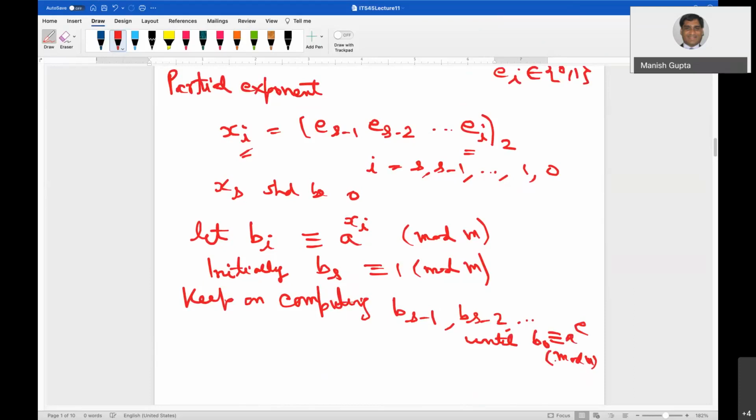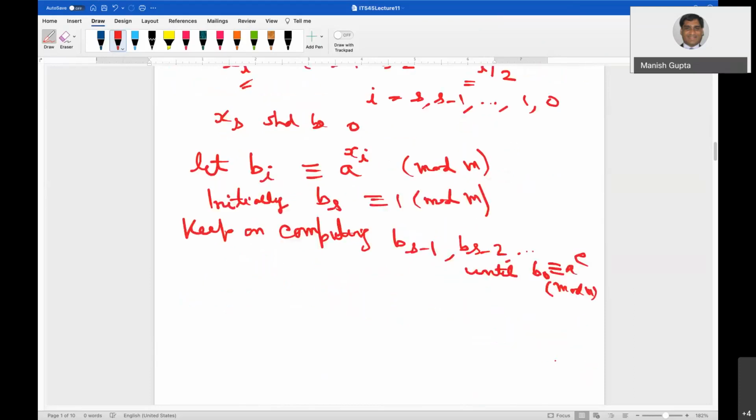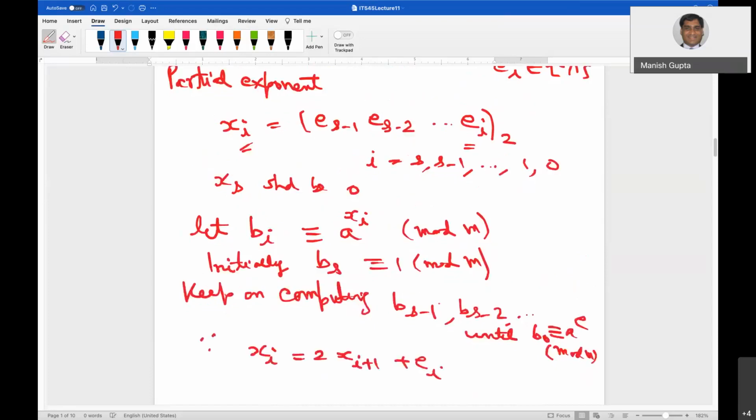Now again an interesting observation: xi is nothing but 2 times xi plus 1 plus ei. See, if you look at xi and xi plus 1, the relation is, because it is in base 2, this 2 is multiplied here. So xi can be written as 2 times xi plus 1 plus ei.